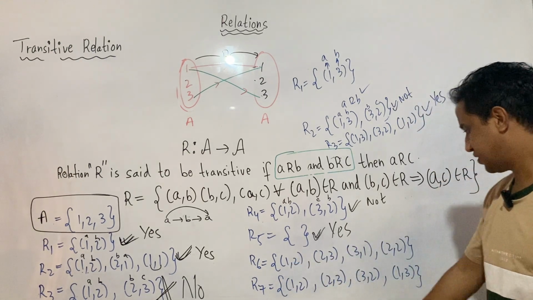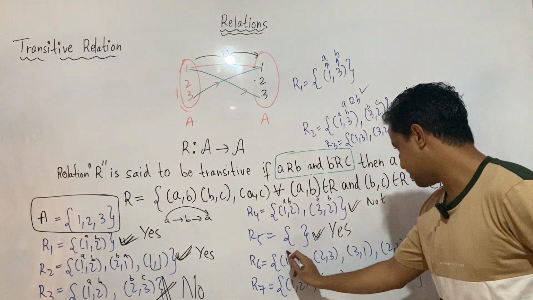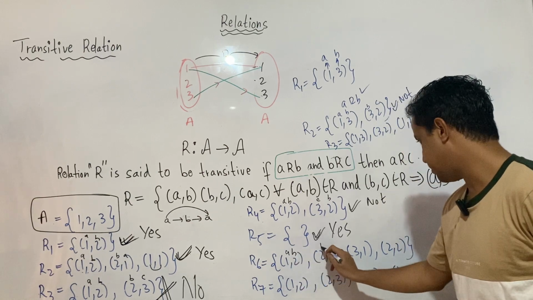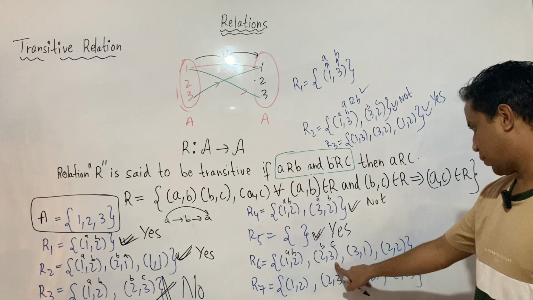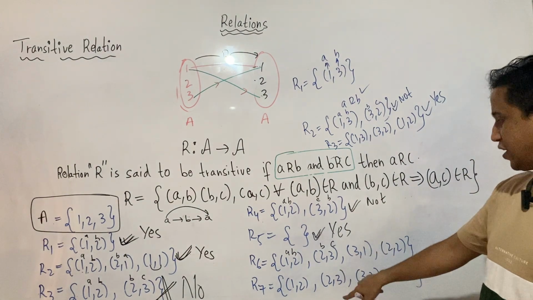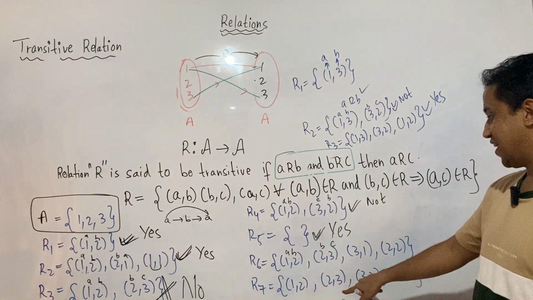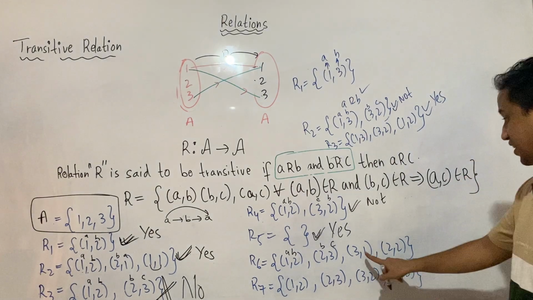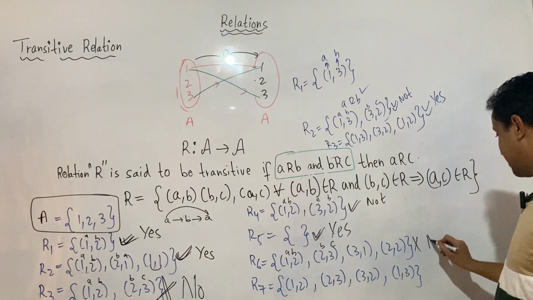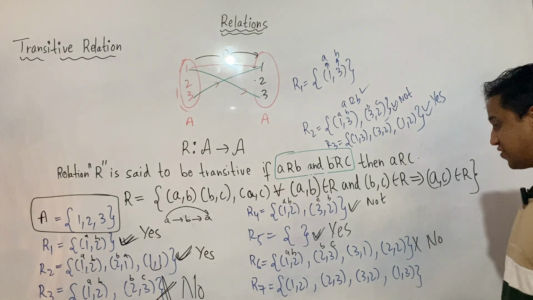Next, R6, this is 1 2. Let's say this is AB, then this is BC, then 1 must be related to 3, but here 3 is related to 1. So again, this is not transitive, right?